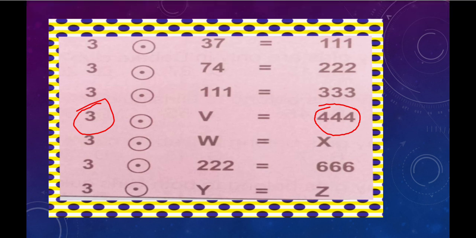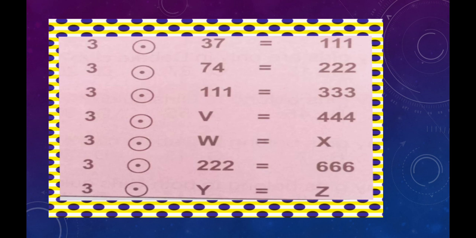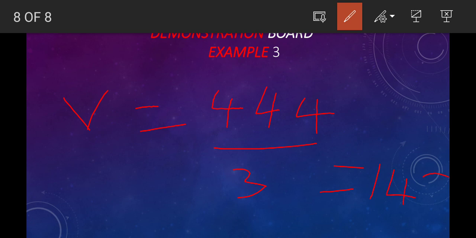That leads us straight to our demonstration board to get the value of v. Our v will be equal to 444 divided by 3, which gives us 148. That's v.